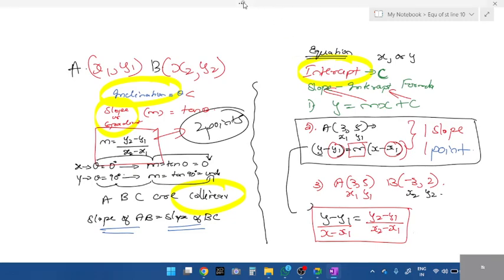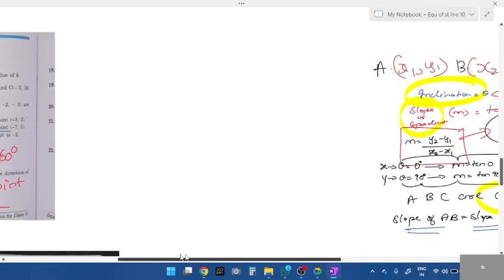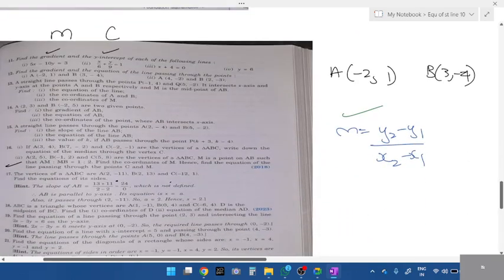For the equation, when 2 points are given, this is the formula I've written there. The formulas I've given, it is your duty to memorize, students. And you don't even have to memorize, I told you how to write the formulas. Okay, so let us start solving the question.